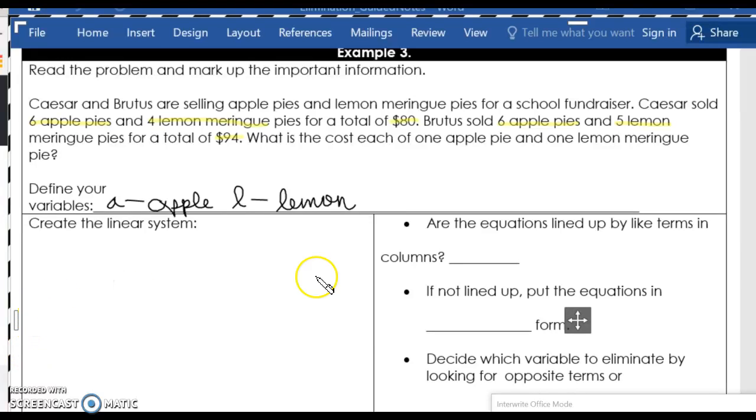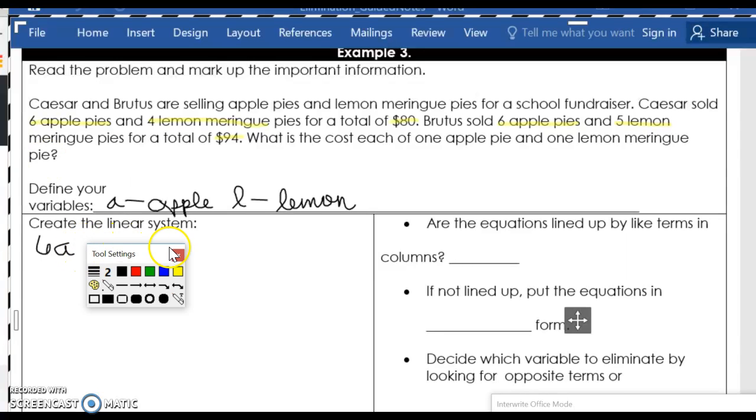So let's start with Caesar. Caesar sold 6 apple pies and 4 lemon pies for a total of $80.